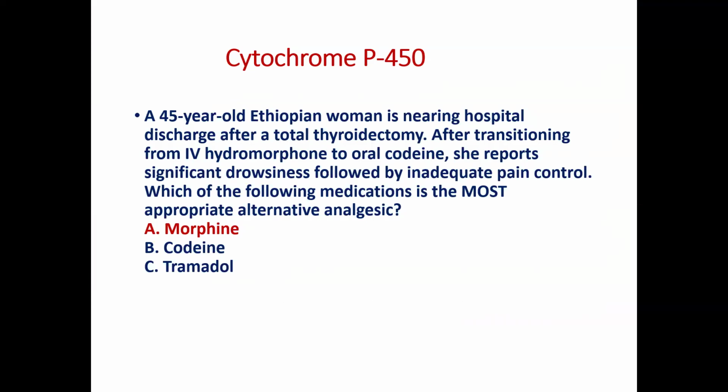A 45-year-old Ethiopian lady is nearing hospital discharge after total thyroidectomy. After transitioning from IV hydromorphone to oral codeine, she reports significant drowsiness followed by inadequate pain control. Which of the following medications is the most appropriate alternative analgesic? So the answer is morphine. Okay, so why is that?